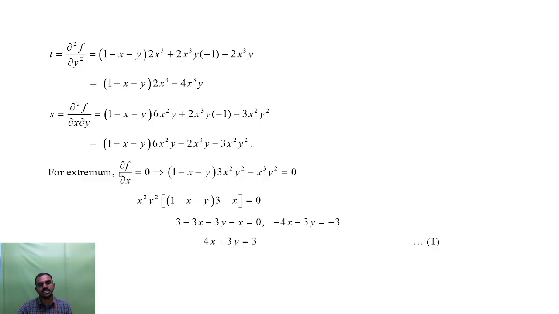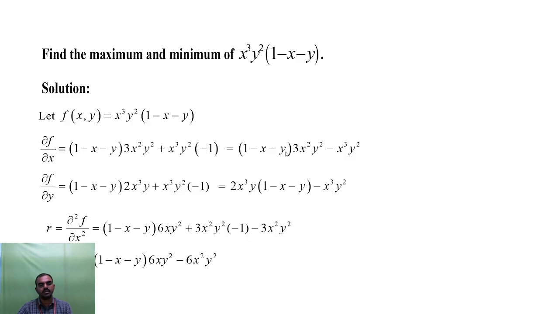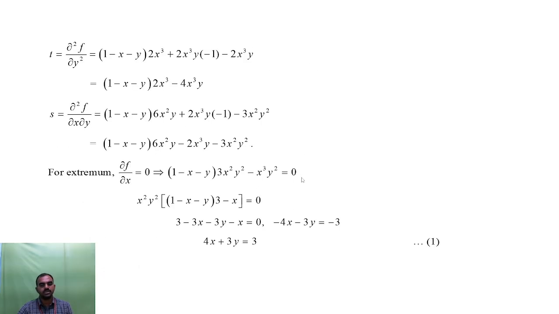So let's find the stationary point. How to find the stationary point? So first derivative equal to 0. So ∂f/∂x equal to 0. What is the ∂f/∂x? (1 minus x minus y) into 3x square y square minus x cube y square equal to 0. So consider these two terms. Take the common value, x square y square. What is the remaining? 1 minus x minus y. Here the remaining is 3, and here the remaining is x, equal to 0.